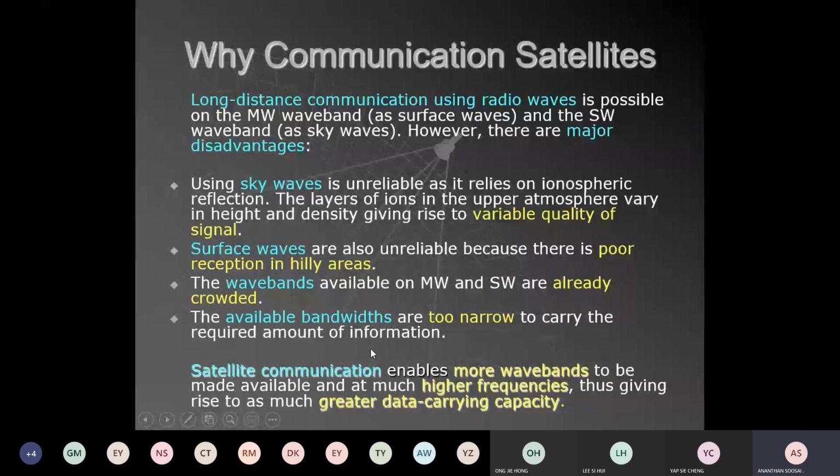So satellite communication enables wave bands to be made available at higher frequencies, thus giving rise to much greater data carrying capacity, because high frequencies are not occupied by anyone. If you send a high frequency to the sky, it has a very high penetrating power.